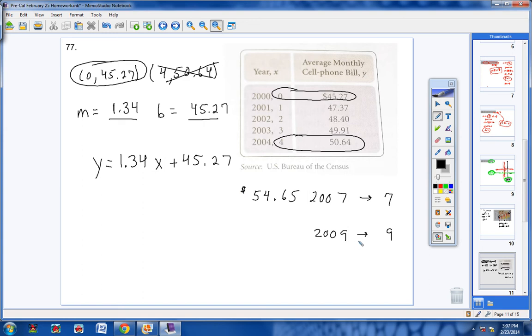And now in 2009, so now I'm going to substitute a 9 right here for x, and now it just becomes a calculator problem. 1.34 times 9 plus 45.27, and the average estimated cell phone cost in 2009 is $57.33. Okay, so there we go. Moving on to number 79.